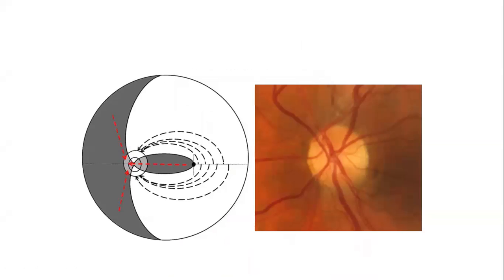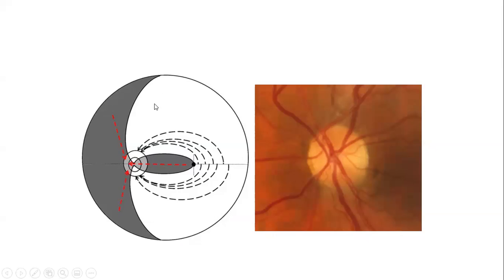In addition to these visual field effects, what else do we get? So as we saw, nasal fibers and the macular fibers are going to cross in the chiasma. So now when the chiasma gets compressed, both these fibers are going to get atrophied. Nasal fibers, as we saw, go to the nasal aspect of the optic disc. Macular fibers, as we know, go to the temporal aspect of the optic disc.